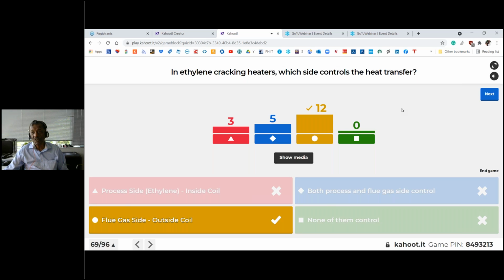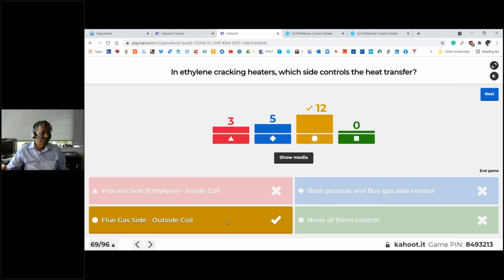So most of you got it right, the majority got it right. In all fired heaters, not just cracking fired heaters, it is the flue gas side which is controlling the heat transfer. And that is why the flue gas becomes very, very important. The fuel becomes very important. The burners become important. The convection section becomes important, because that's where the heat transfer is being controlled.